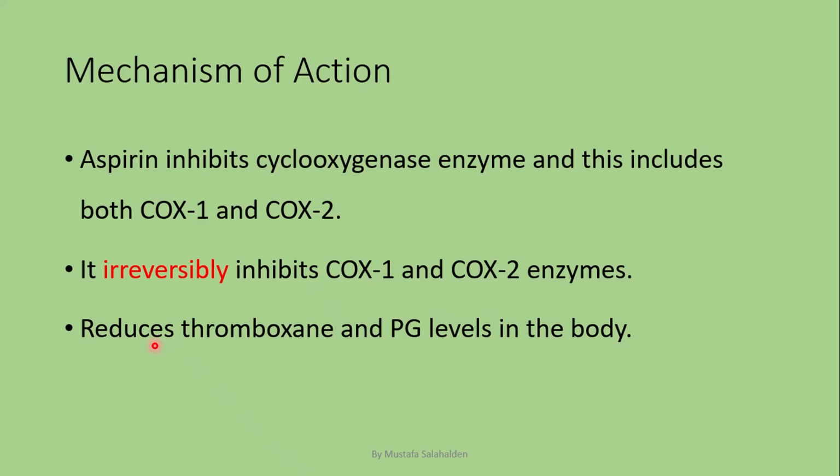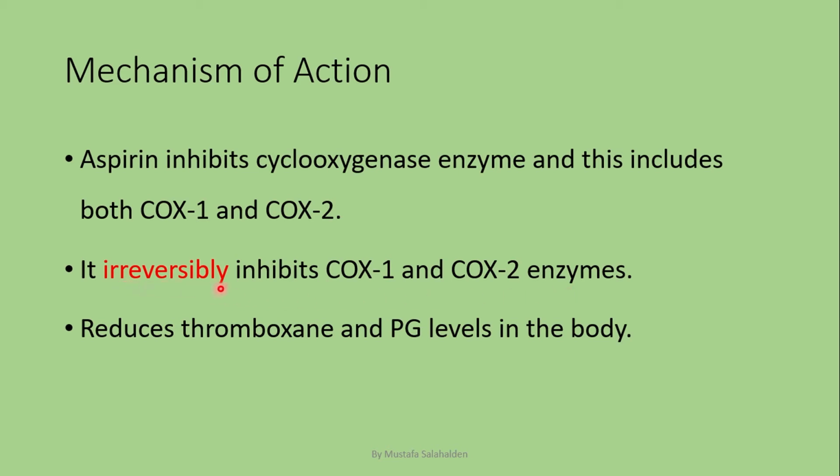Now, aspirin inhibits the cyclooxygenase enzyme, and this includes both COX-1 and COX-2. The cyclooxygenase enzyme has more than one variation, and aspirin inhibits the first and second of these variations. It irreversibly inhibits COX-1 and COX-2.